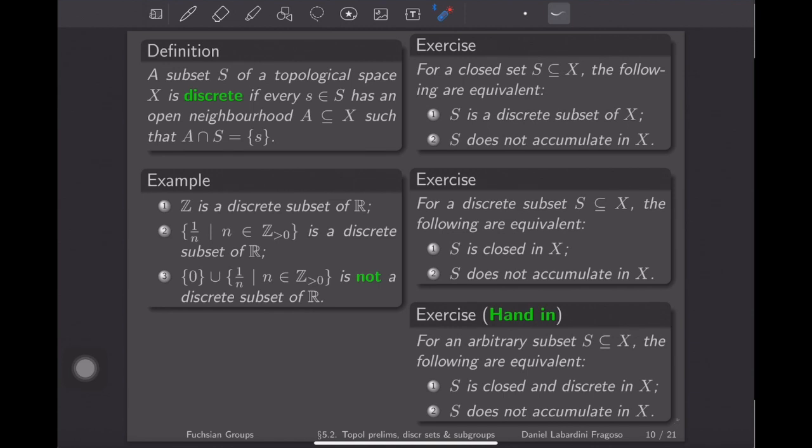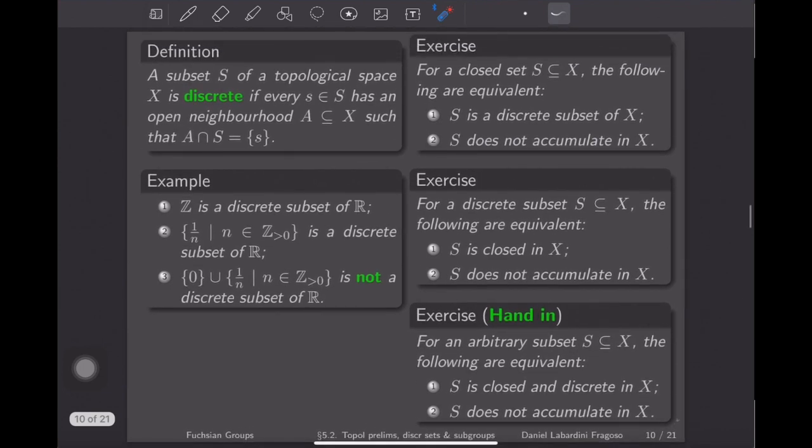And actually, for this to be an equivalence, one needs to impose an extra condition: if you start with a closed set, then it is equivalent for it to be discrete and to not accumulate, not only in itself, but in the whole space.